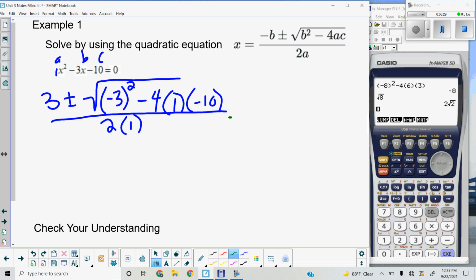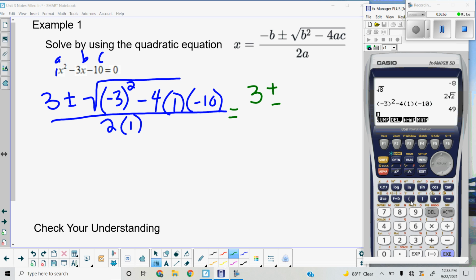Now 3 for now is going to stay the same. Plus or minus, we can plug in everything under the square root into our calculator using parentheses, negative 3 squared minus 4 times 1 times negative 10.